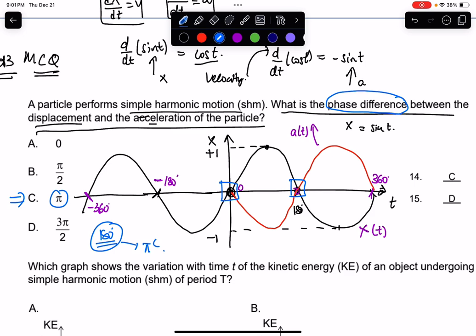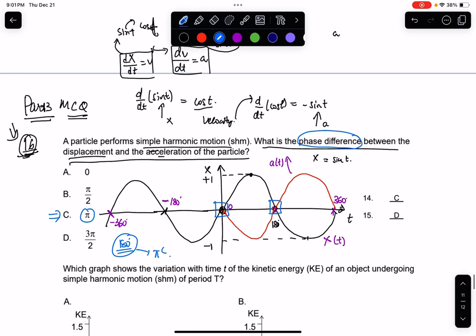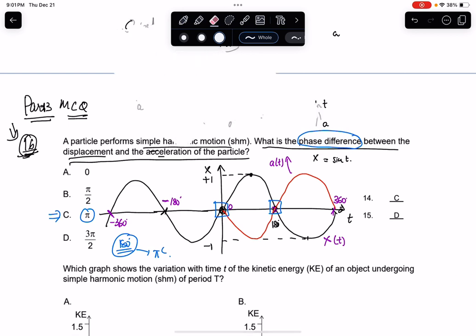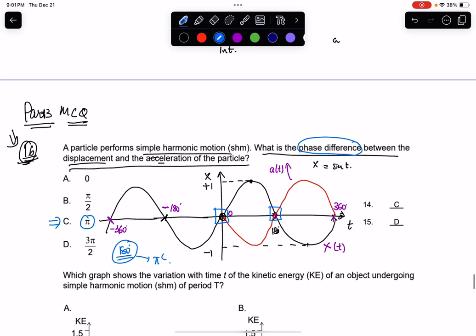Now, another way of looking at it, which can also be very good conceptually, is to find the phase difference using the time period. In our concept videos, we had learned that the phase difference is just the shift divided by the time period multiplied by 360 degrees.